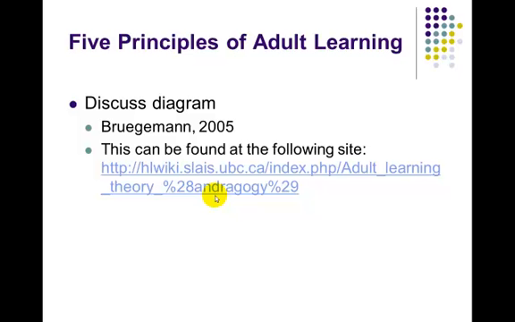All right, let's go to the 4th one. The 4th one is readiness is for fulfillment of roles. So the 4th principle, adults are eager to learn what is important in the fulfillment of roles in their day-to-day activities.